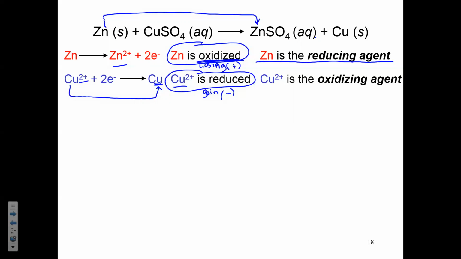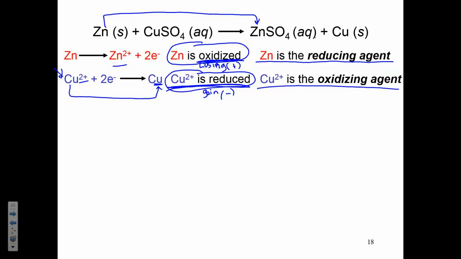Okay, so it would also be called the reducing agent. If you are being oxidized, you are the reducing agent. You are what is causing the reaction. Okay? With the other one, if you are being reduced, then that means that you are the oxidizing agent. You are what is causing this to oxidize.